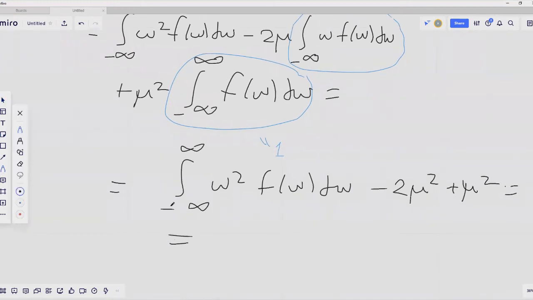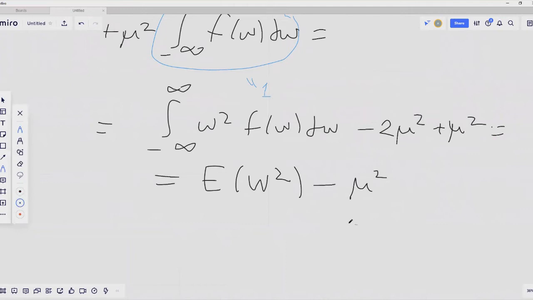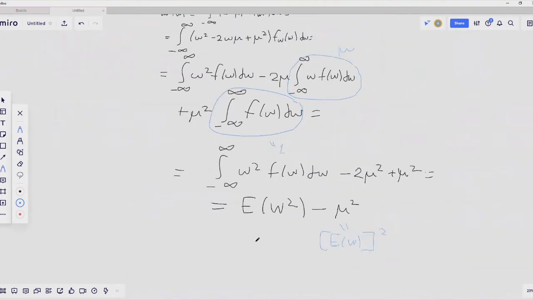This integral then defines the expected value of the random variable omega squared. So this is the expected value of omega squared minus mu squared. Mu squared is the expected value of omega squared, so it can be replaced with the expected value of omega, squared, right?